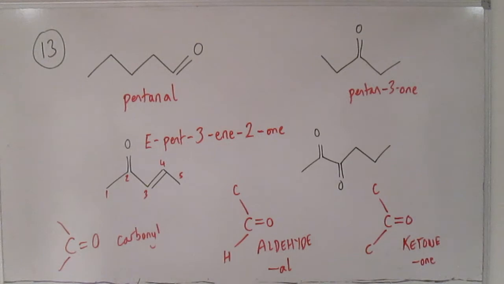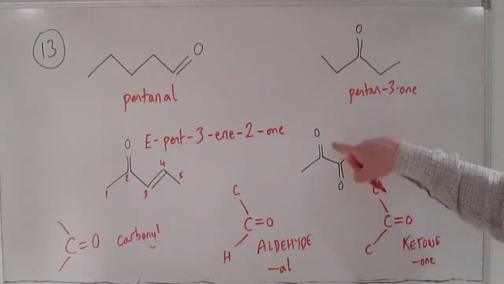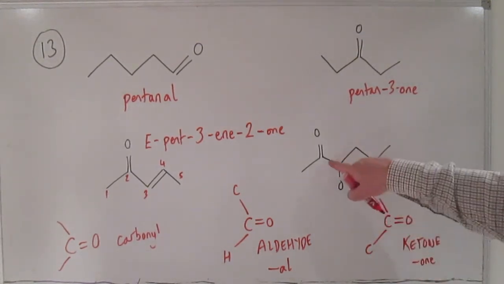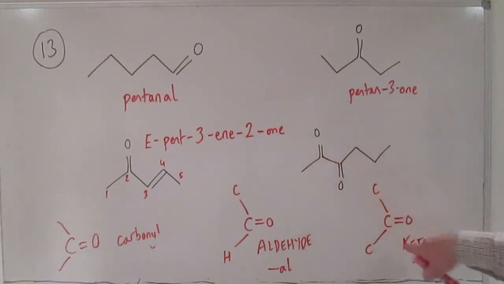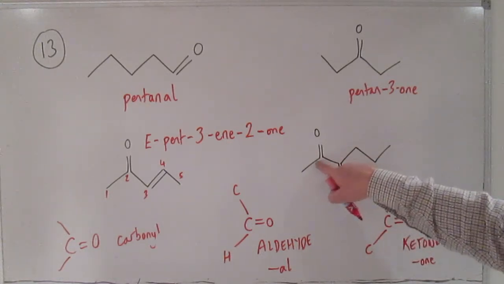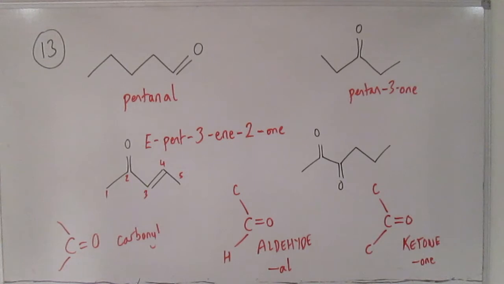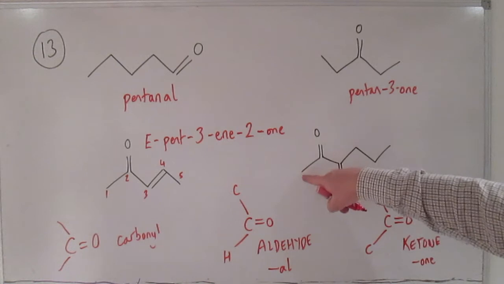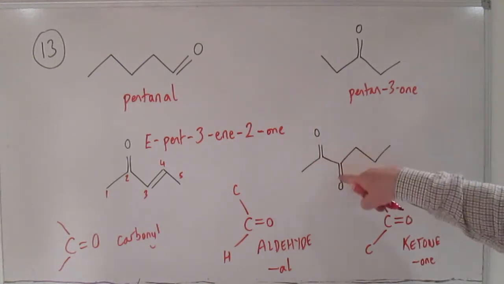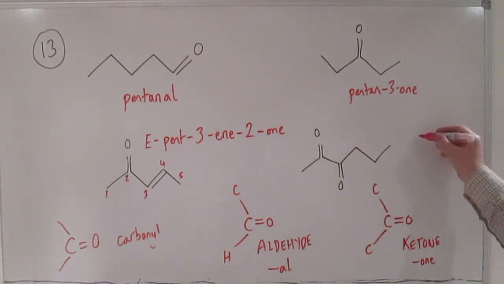And this one, this time we've got 2 ketone groups. Okay, so they both fulfill this description that the C double bond O has carbons on both sides. So 2 ketone groups is not just an one, it's a dione. So you're very used to now these dienes and diols and now diones. So if we count the number of carbons, we've got 1, 2, 3, 4, 5, 6 altogether.